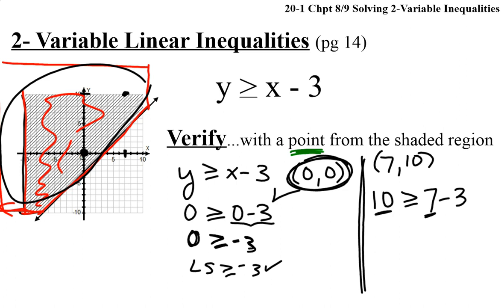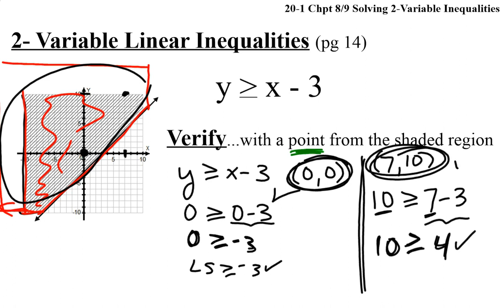There's our x and y substituted in. The left side is 10, and the right side is 7 minus 3, which is 4. Is 10 greater than or equal to 4? Absolutely. So 7, 10 is another solution for the inequality because it's in the shaded region.